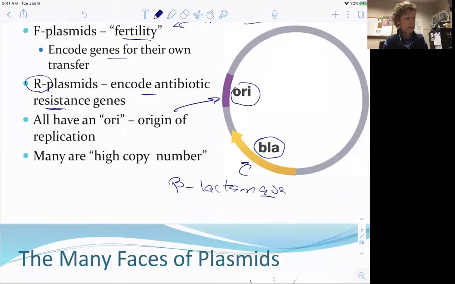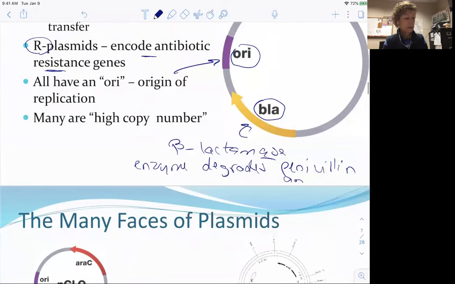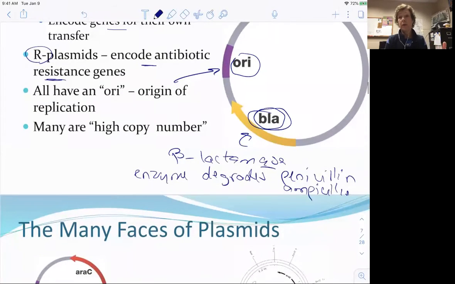So this is an enzyme that can degrade penicillin or ampicillin, so all of the penicillin antibiotics. In other words, if the bacteria have this gene and it's active, they can degrade the antibiotic so the antibiotic won't kill them. And that antibiotic usually stops cell wall synthesis, so it basically can block the activity of that drug.